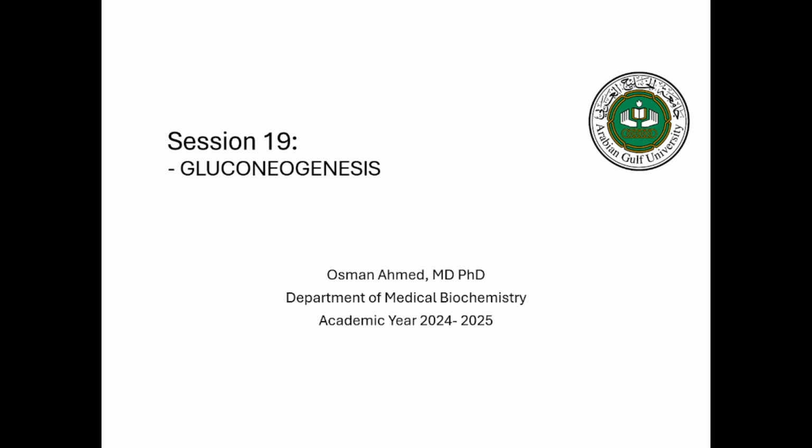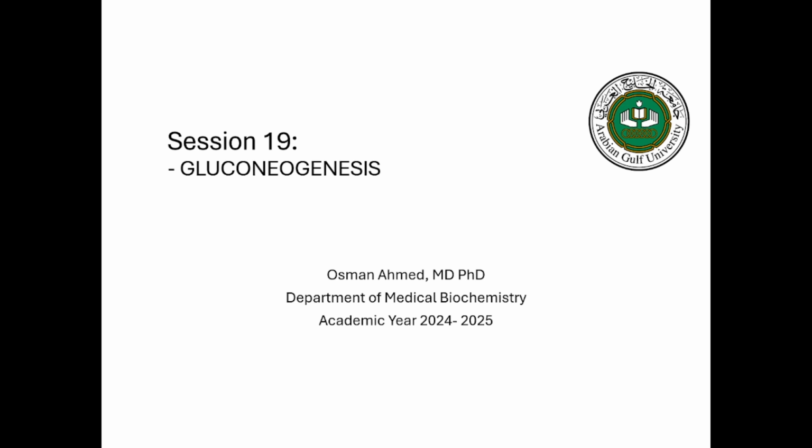If I ask you what is the total production of energy per molecule of glucose in the presence of oxygen and mitochondria, that means you have to calculate the glycolysis, the pyruvate dehydrogenase complex and the citric acid cycle. 38. If I said what is the net production? 36. Okay?